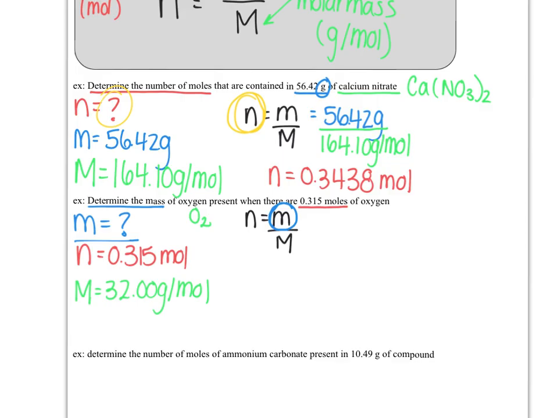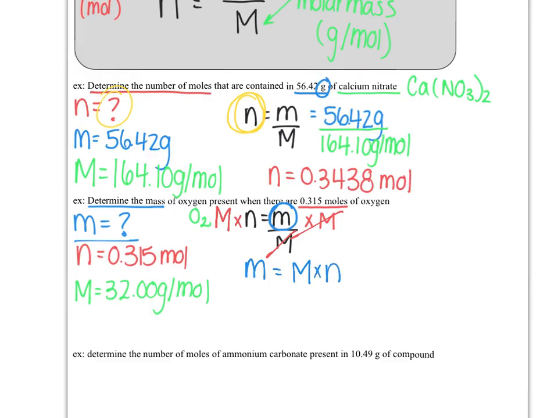So to get rid of big M, I'm going to multiply by big M. Little m times big M divided by big M is going to cancel out. But what I do to one side, I need to do to the other, so I'm going to multiply by big M on the other side. Rewriting this, m is by itself, and it's equal to big M times little n.